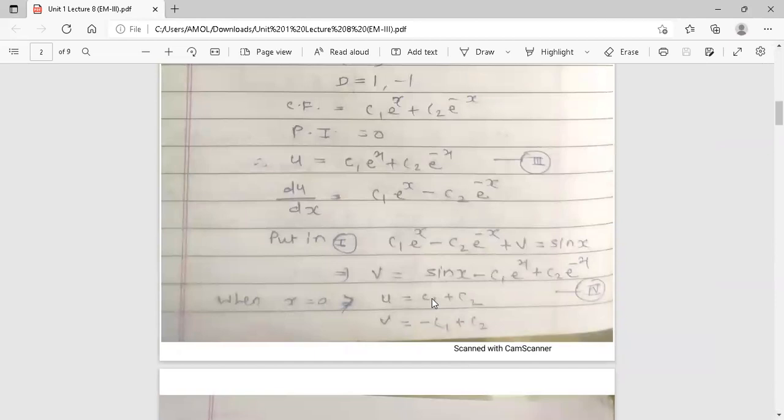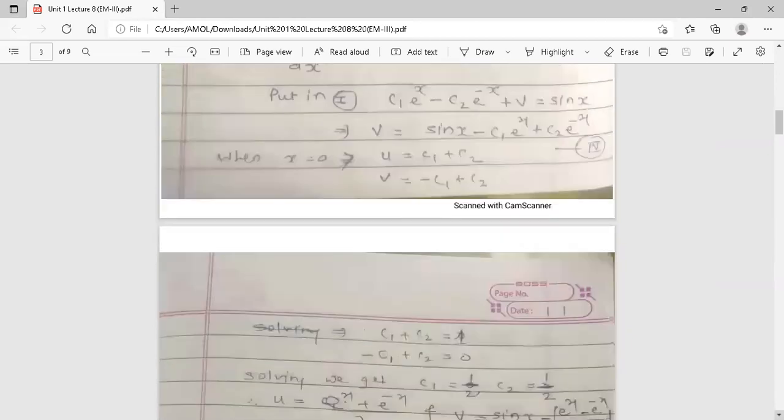So u is equal to c1 plus c2 when x is equal to 0, and the value of u is also 1. So 1 is equal to c1 plus c2, because the value of u is also 1 when x is 0. It is given. And for v, when x is 0, v is also 0.